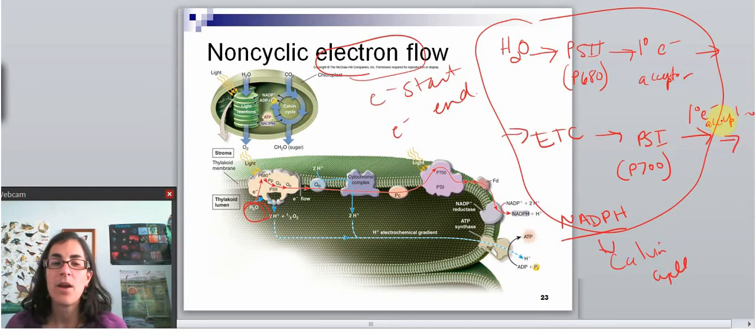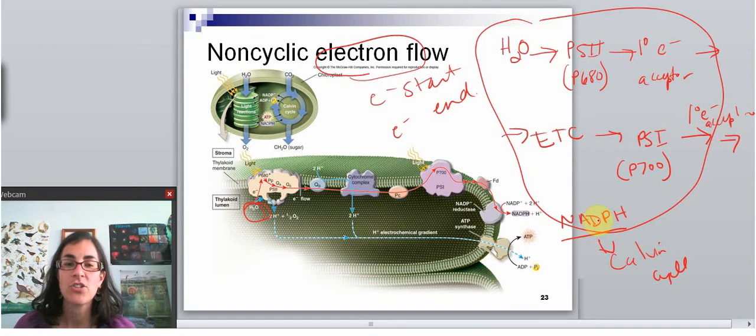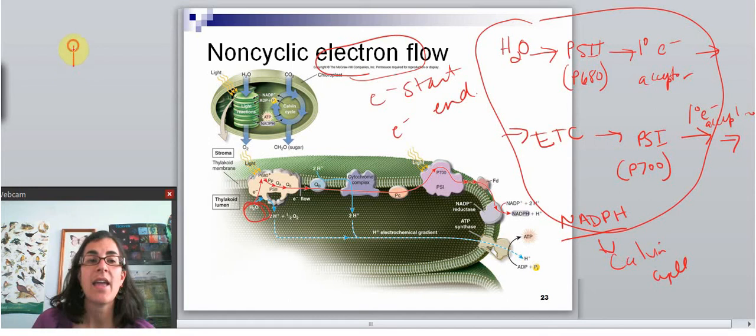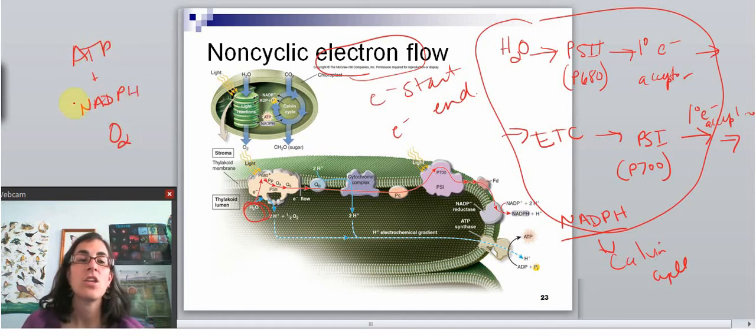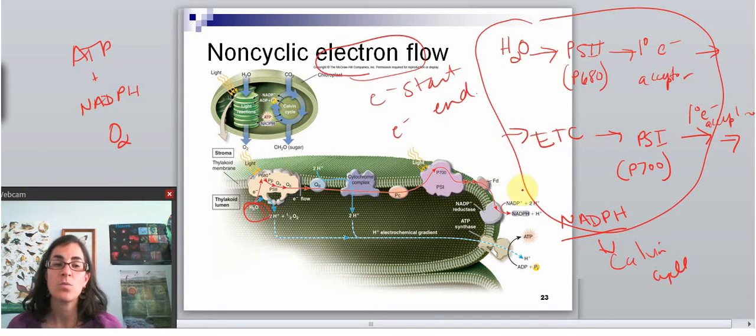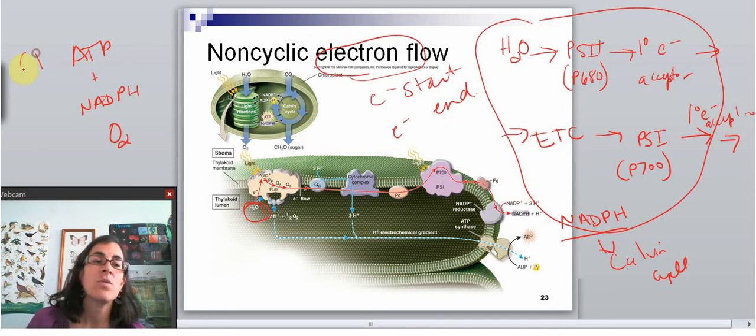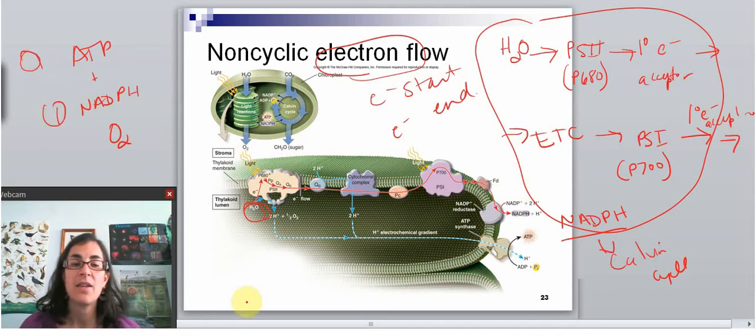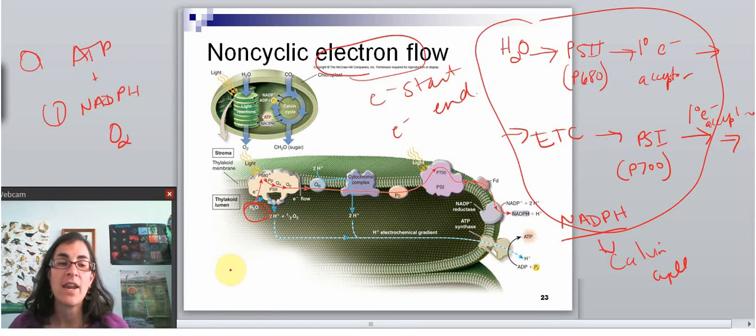It gets passed to the primary electron acceptor and then finally ends in NADPH. So again, non-cyclic, it produces ATP and NADPH and oxygen. It uses PS2 and PS1. It makes equal amounts of ATP and NADPH, so for every ATP, one NADPH is also made.